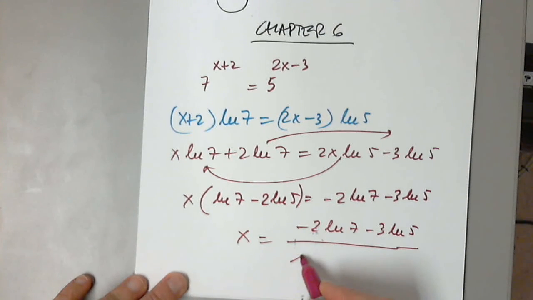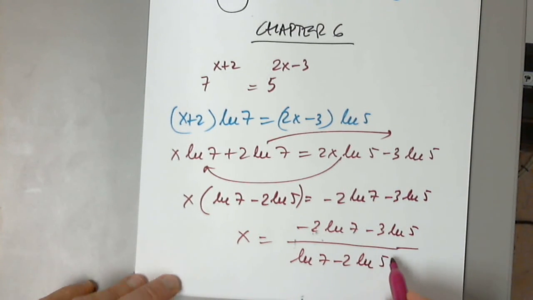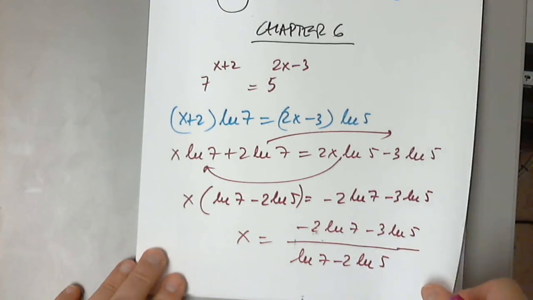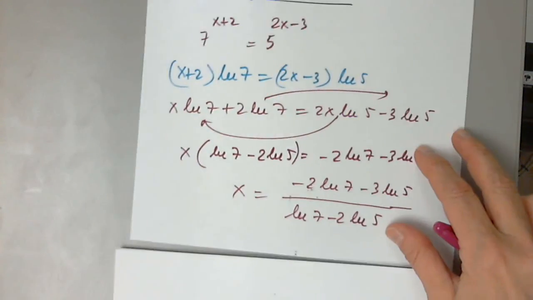Of course, if you want to check, you will plug it in and then check. Any questions about this? You should be okay because we've seen this before, right? Is this okay?